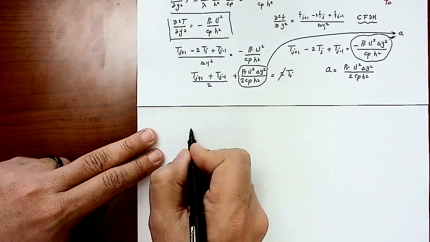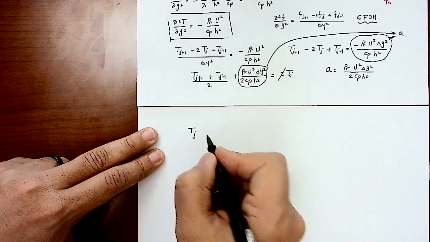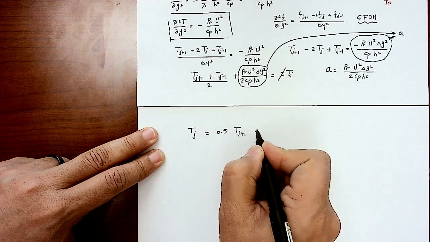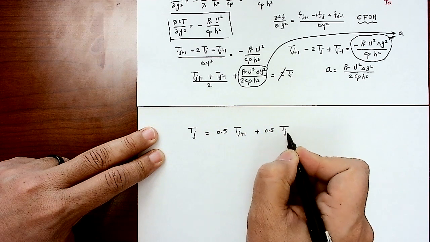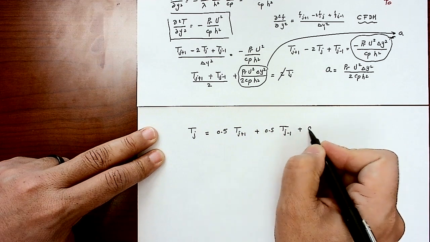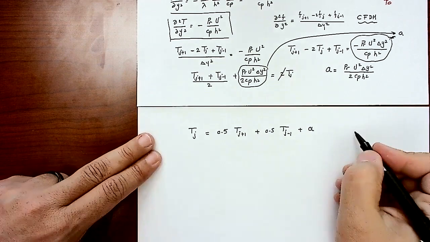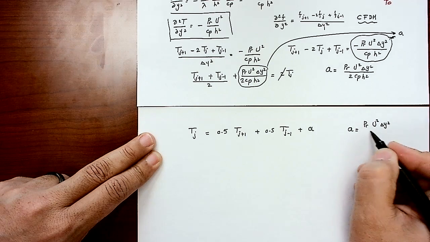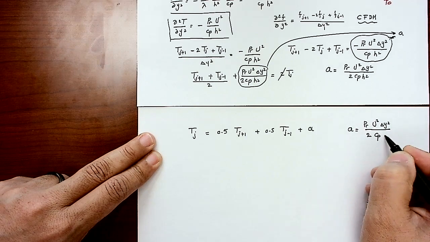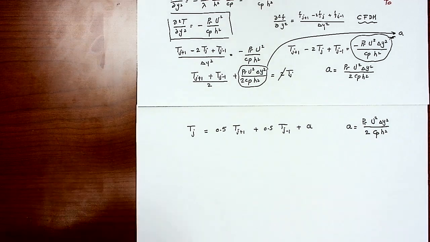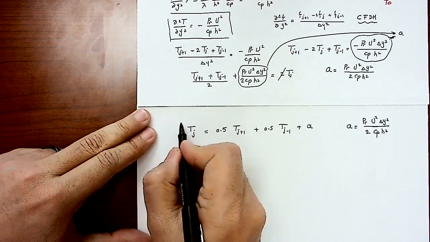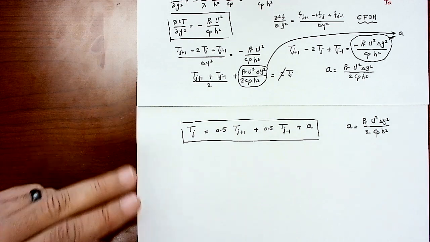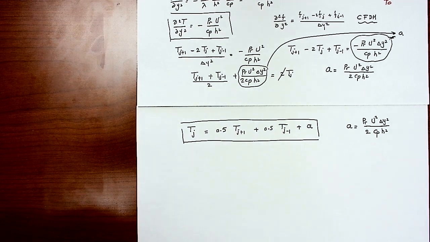So I can end up having the temperature of the node of interest equal to 0.5 T(j+1) plus 0.5 T(j-1) plus A. And we know the value of A: A is simply Prandtl number U squared delta Y squared divided by 2 Cp H squared. So I can apply this equation at different nodes, create a system of linear equations, and solve that.